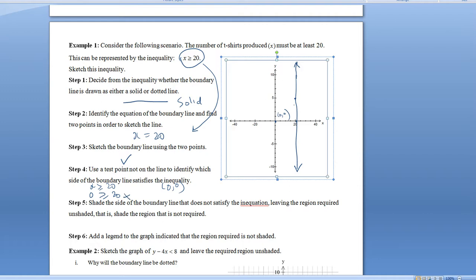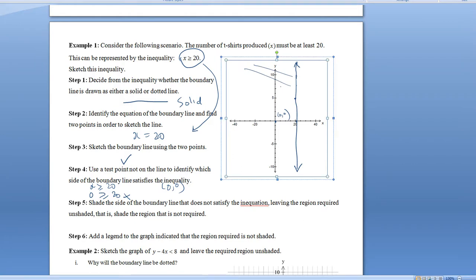So this side of the boundary line is the part that is untrue, that we do not require. This side of the line over here is what we do require. So what I'm going to do is shade the region I do not require.